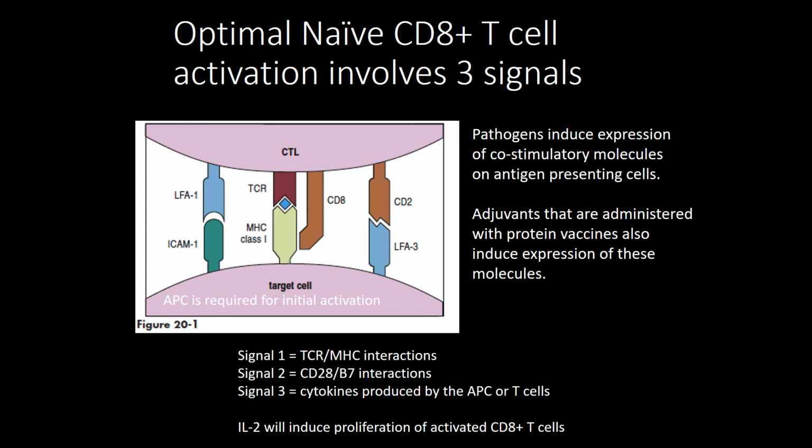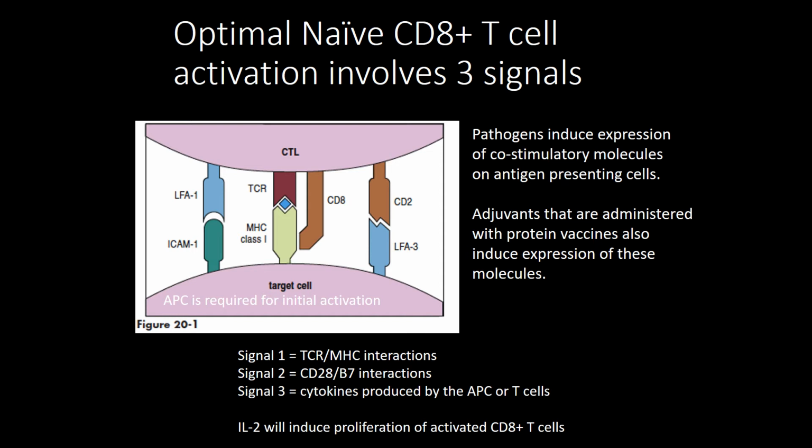And there will also be cell adhesion molecules that will hold that cytotoxic T cell and the target cell, such as the antigen presenting cell, together. Okay. And so what happens is pathogens will induce expression of co-stimulatory molecules on antigen presenting cells. This will be dendritic cells, macrophages, B cells.